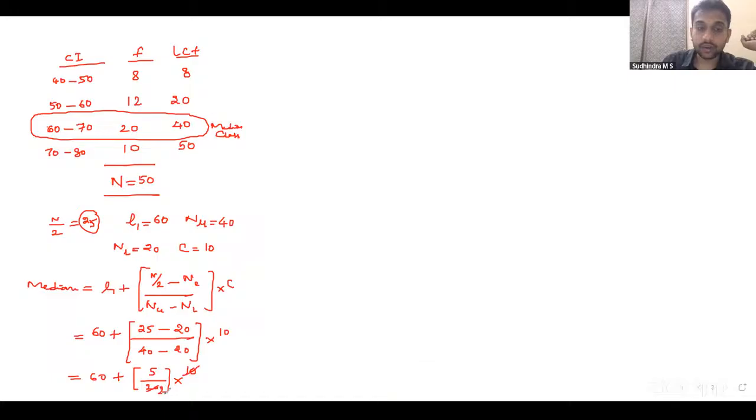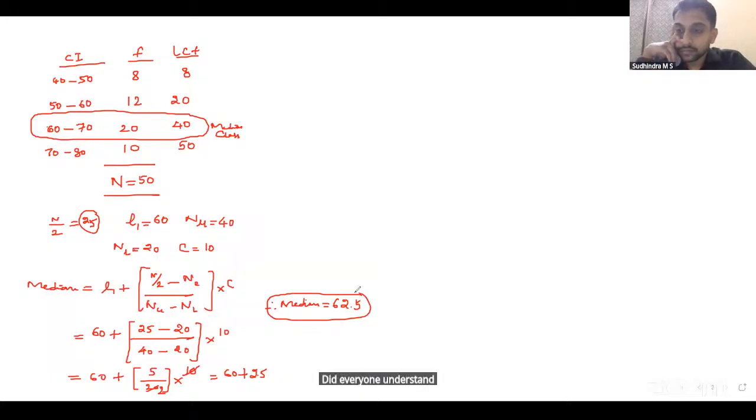So 60 plus what is 5 by 2? 2.5. 62.5. Therefore, median is 62.5. Did everyone understand till here?